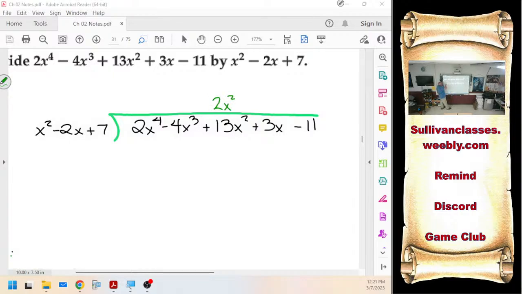When I take 2x squared times my divisor, then I'm still going to distribute it all the way through. That's 2x to the 4th minus 4x to the 3rd plus 14x squared. I'll change my signs. Are you seeing, hopefully more now, why subtract the thing might end up goofing that up?